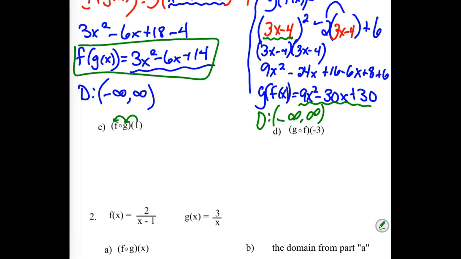Okay? So we are going to take our x's out and replace them with 1. We end up with 3 minus 6 plus 14, which gets us what?